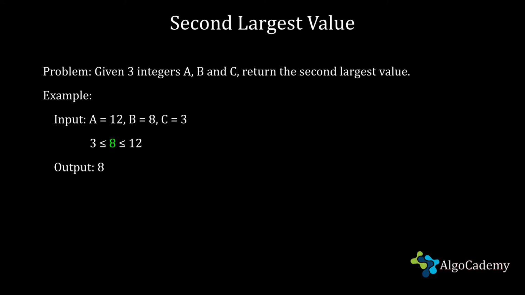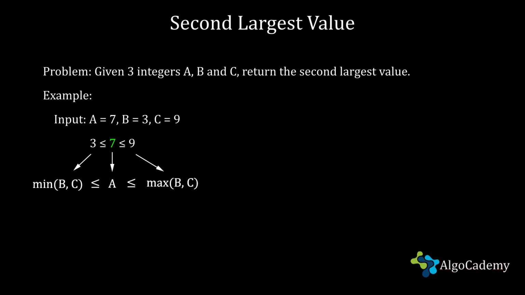In this example, you can see that b is our answer because it is greater than or equal to the minimum between a and c, and also it is less than or equal to the maximum between a and c. In the previous example, a was our solution because it is greater than or equal to the minimum between b and c, and it is also less than or equal to the maximum between b and c.